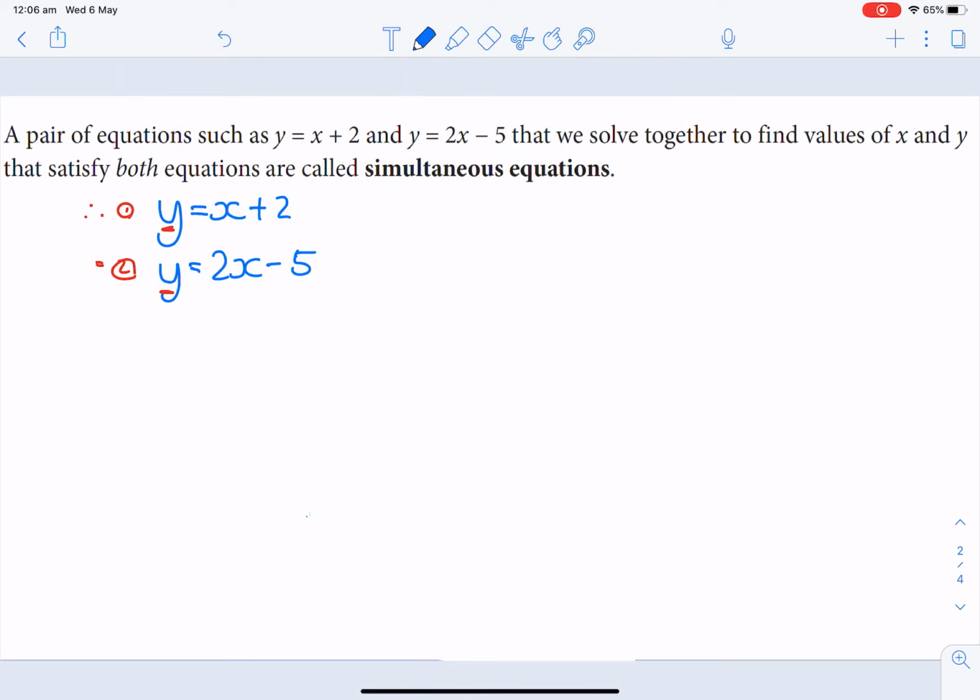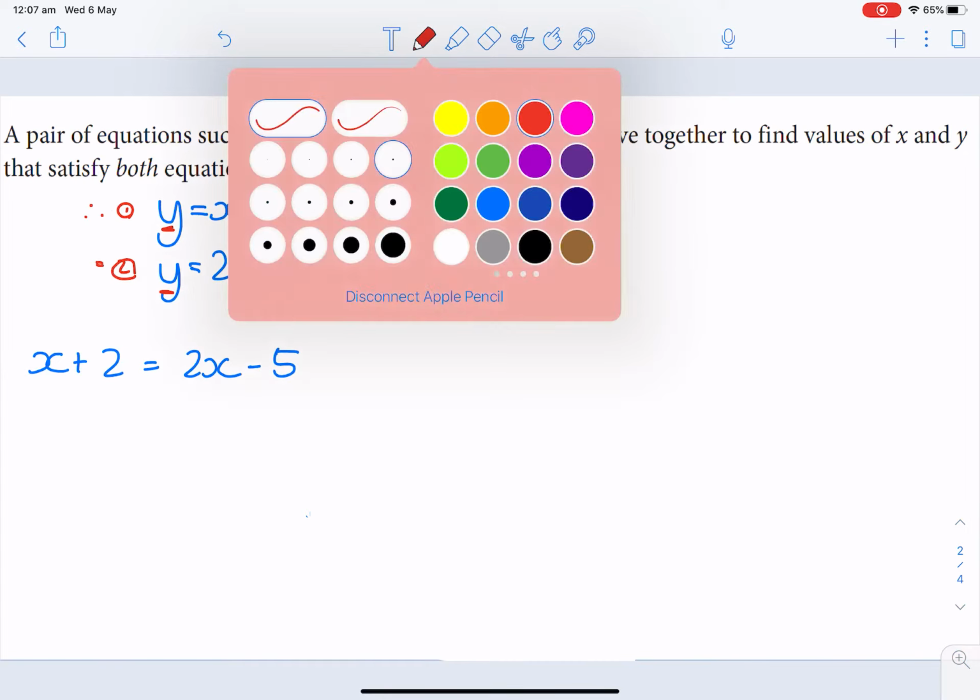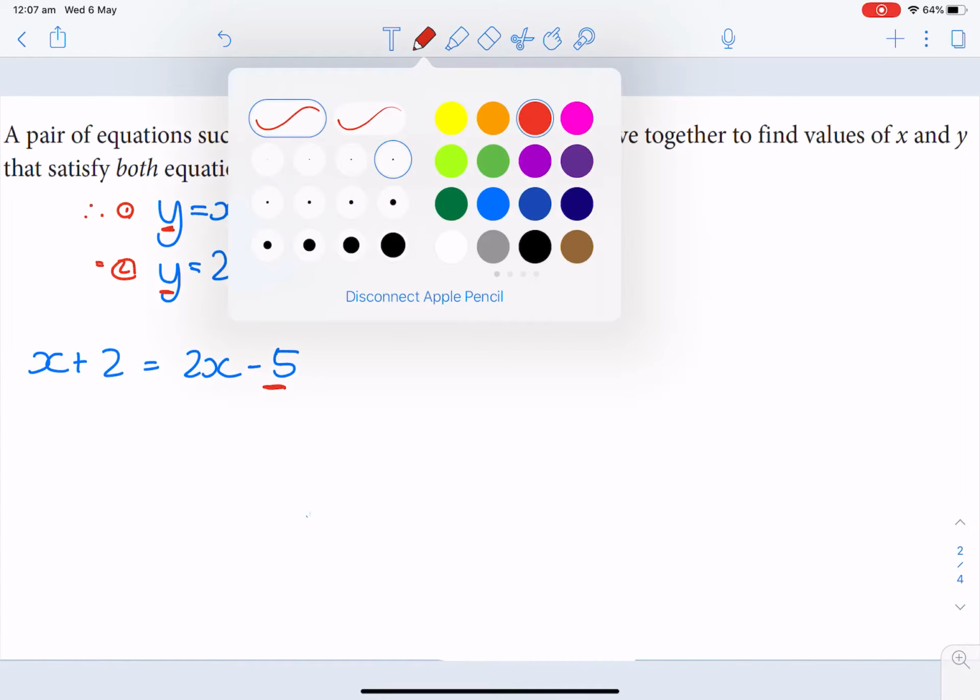So because they both equal y, they must be the same. So x plus 2 must equal 2x minus 5 because they both equal y. I'm solving for x on this, so I'm going to put the coefficient on the right hand side here, the negative 5, and I'm going to get rid of him first.